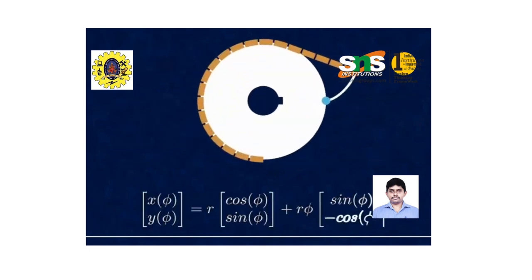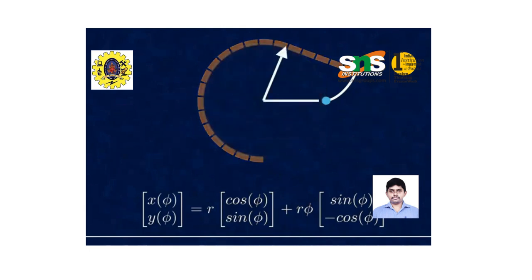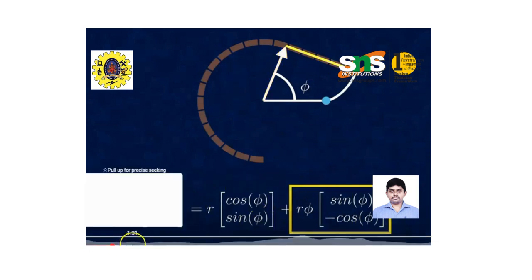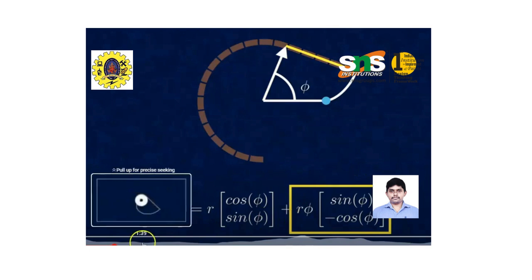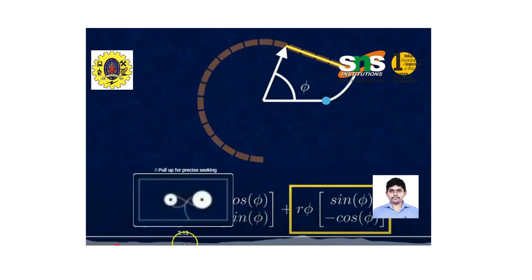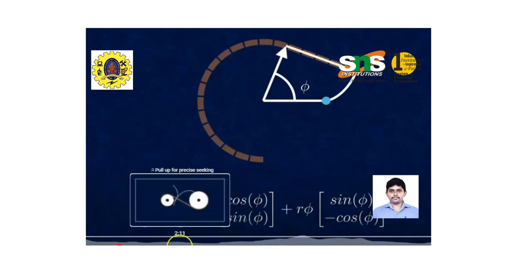Medium velocity is 3 to 15 meters per second. Wherever it is high velocity, it can maintain more than 15 meters per second. So based upon the peripheral velocity of the gears, the gear is used for nominal applications.